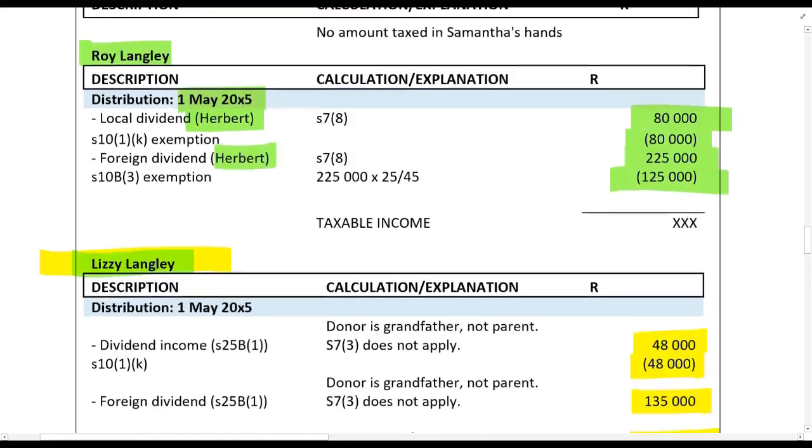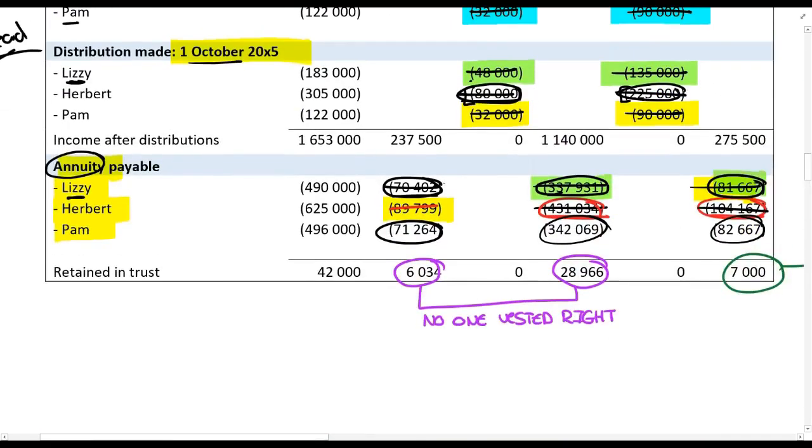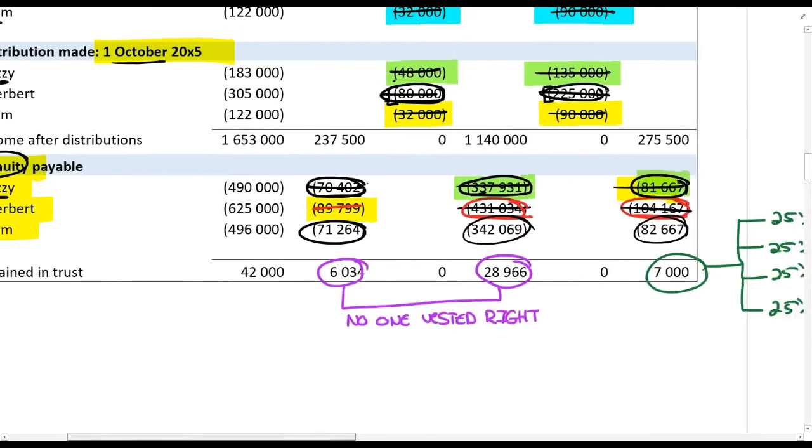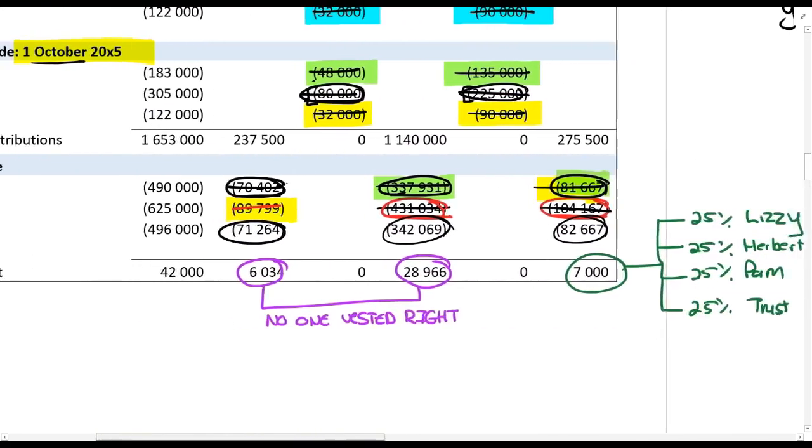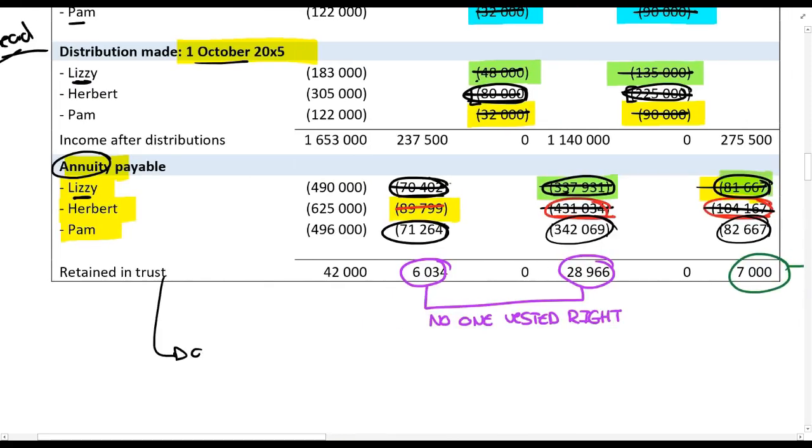Right, then we have the income retained in the trust. Now guys, this is where people make mistakes. Pay attention to how this is treated. This is the only place Section 7.5 can apply.